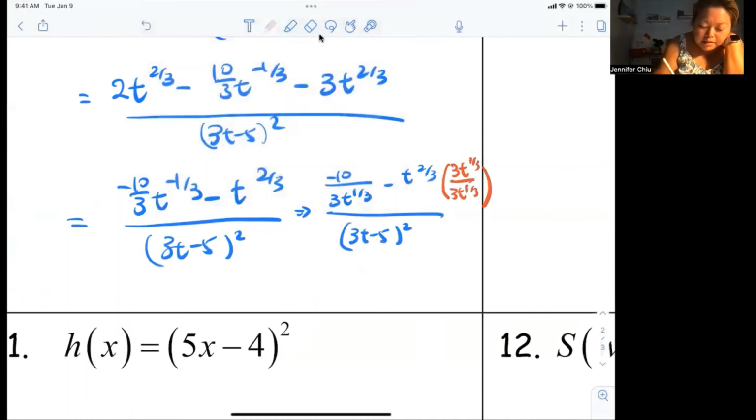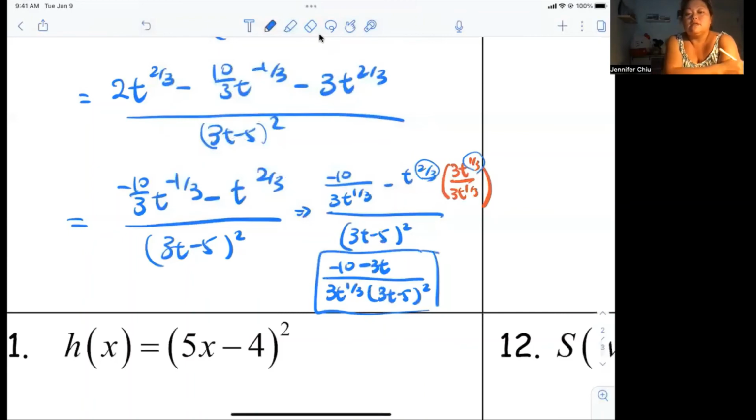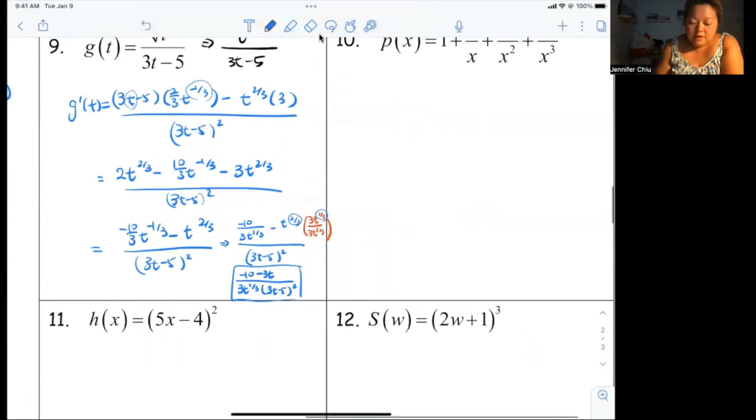That way you can combine them, and it actually works out really nicely because then it becomes one whole t. This is actually very prone to happen here. So you have negative 10 minus 3t all over 3t to the 1/3, and this 3t minus 5 squared is also in the denominator because it was in the denominator in the first place. It still is in the denominator. Okay, so that would be a cleaner version of that derivative.